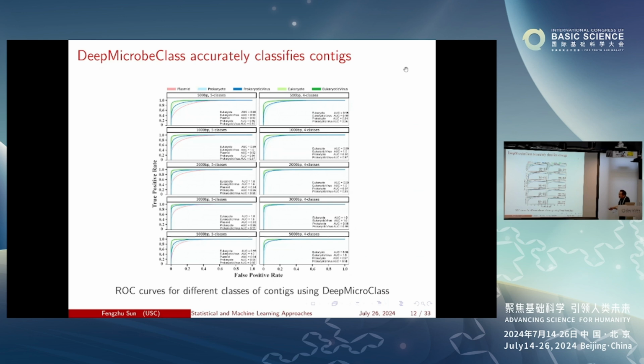As you can see, all those AUC curves are greater than 0.9, and the accuracy also increases with the sequence length. But there are some problems when we look at it carefully.